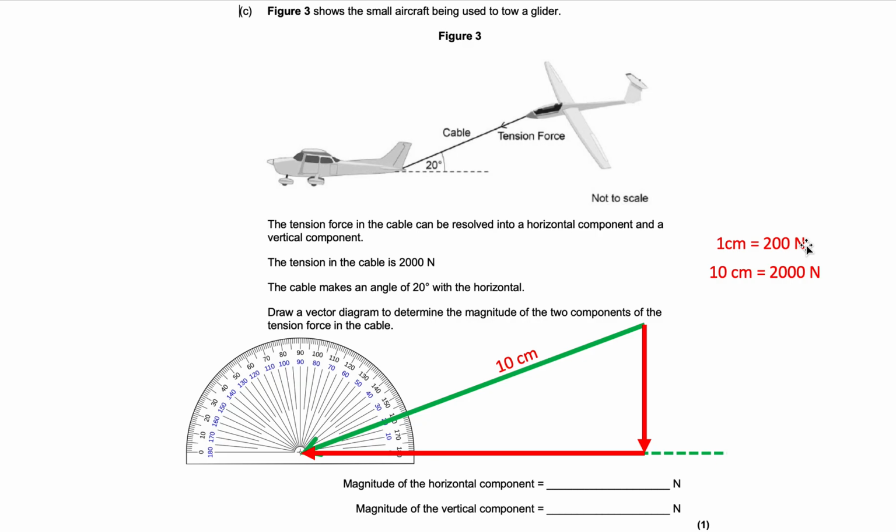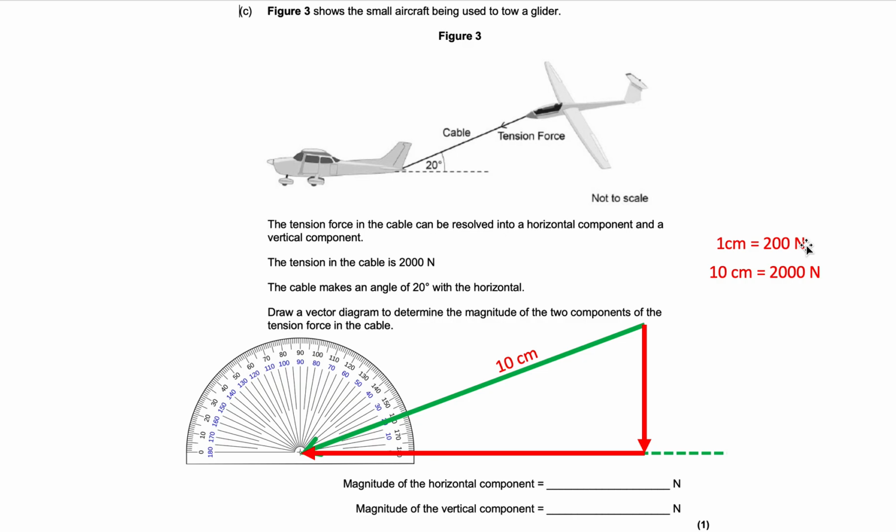The final answer you should come up with is the horizontal is 1900 newtons, so that should be about 9.5 centimetres long, and the vertical component is 680 newtons, so that should be about 3.4 centimetres long.